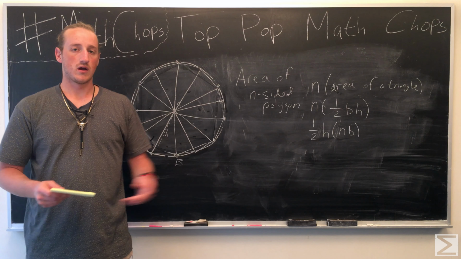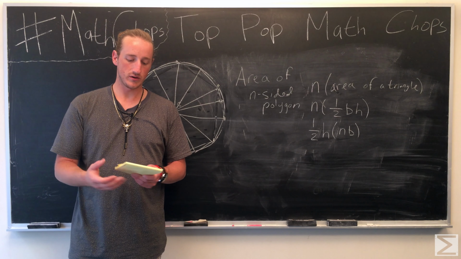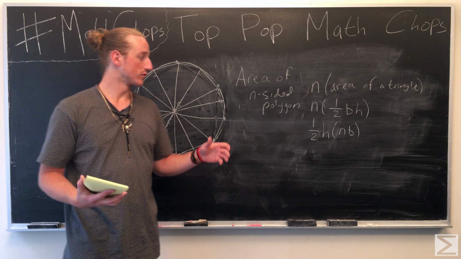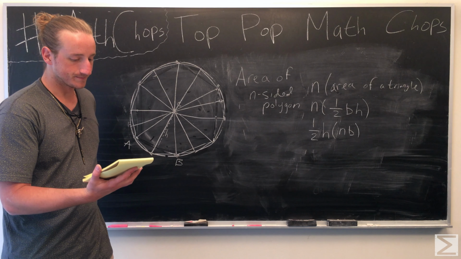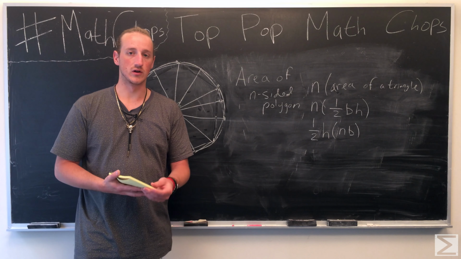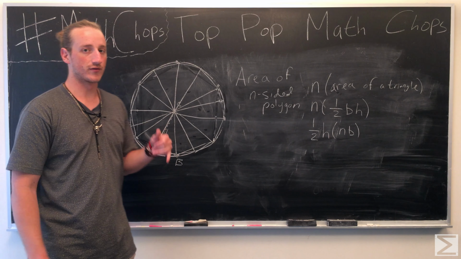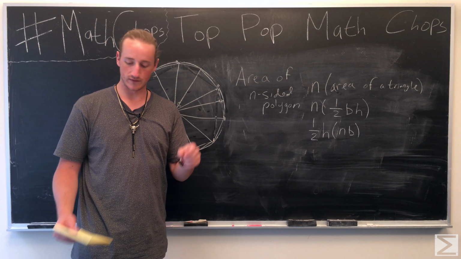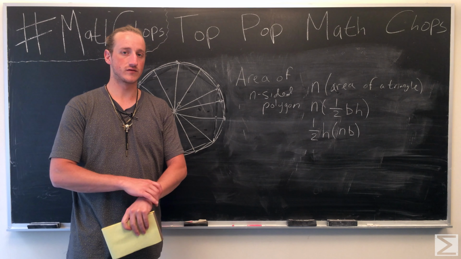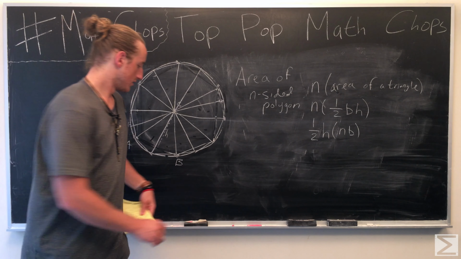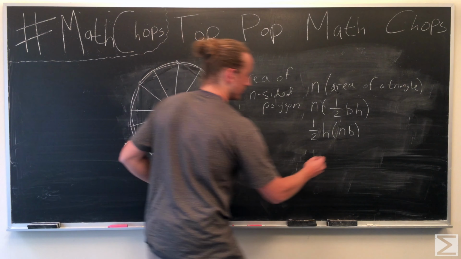And then here, nb is now the perimeter of the polygon, and as n increases, it becomes closer and closer to the exact area within the circle, if you just think of tiny infinitesimal pieces of triangles. And so nb would be the perimeter.